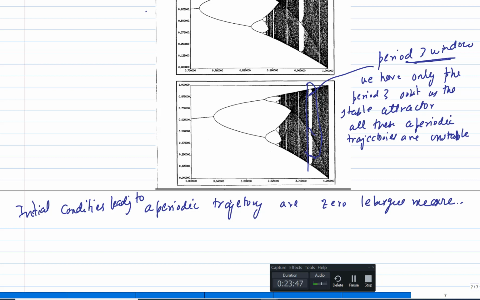In the language of probability, the probability of hitting an aperiodic trajectory in a period 3 window is 0. So almost all points would lead you to the period 3 attractor.